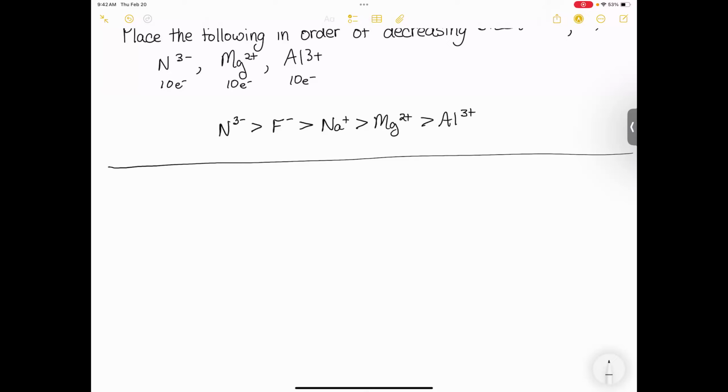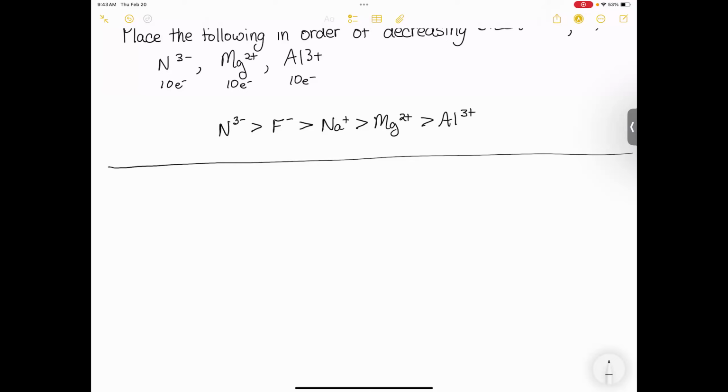Today, what we're going to do is we're going to talk about these ions in greater detail. And we're going to talk first about monoatomic ions, which is essentially the ions that we have been focusing our attention on up to this point. And then we're going to talk about polyatomic ions.